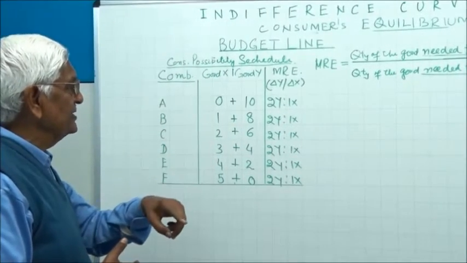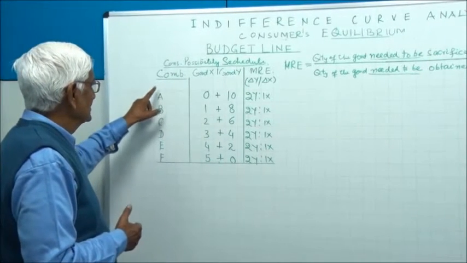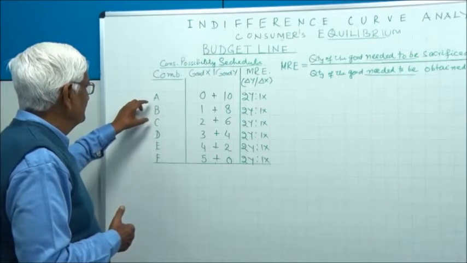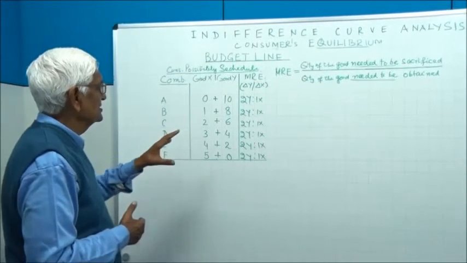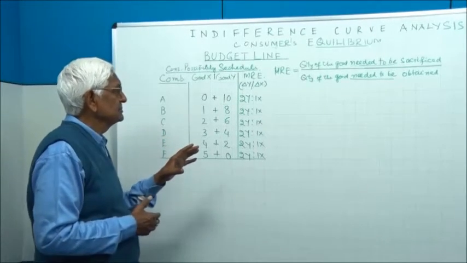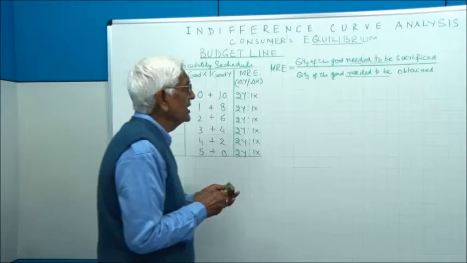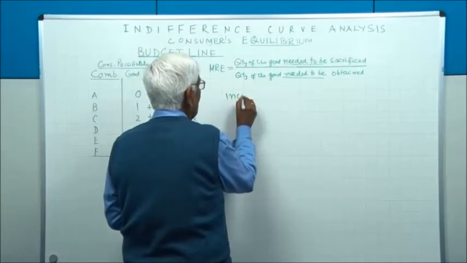Just like in indifference curve, we also have 4 columns, A, B, and we have 6 combinations. These combinations are based on income.